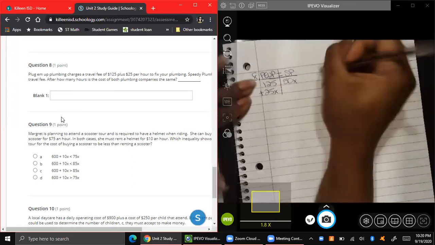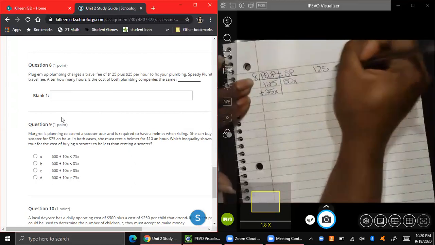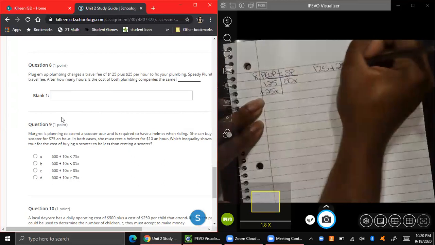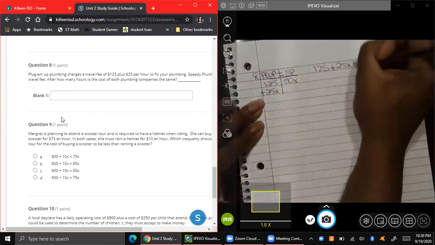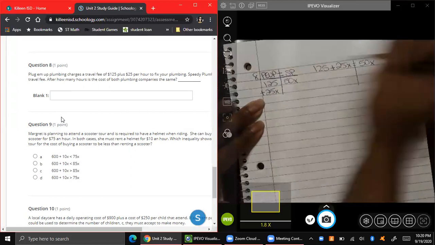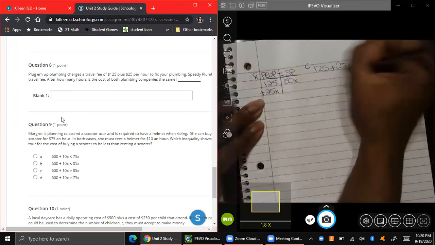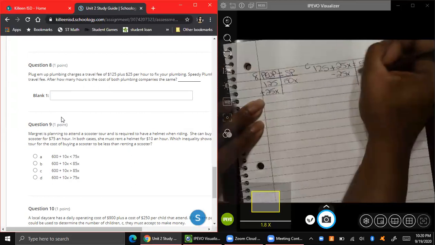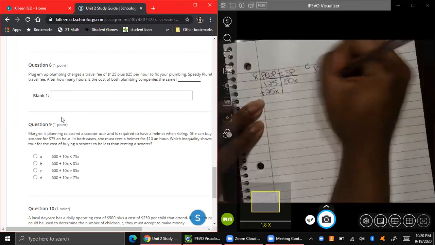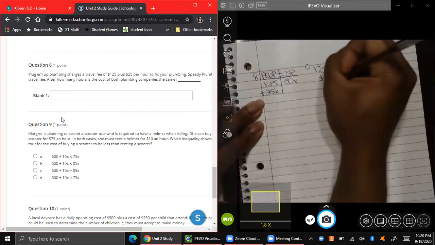So we want them to be the same. So I'm going to have 125 plus 25x is equal to 50x. I have variable on this side and constant on this, so I need to get rid of this variable, my smallest variable. Instead of positive 25, I'm going to subtract 25x. Subtract 25x, bring down my 125.